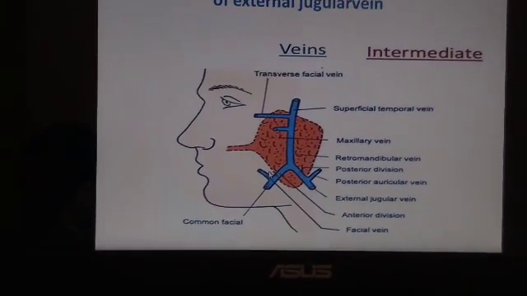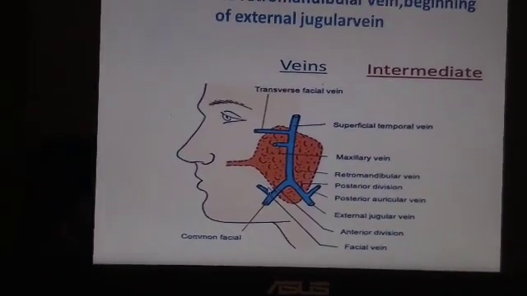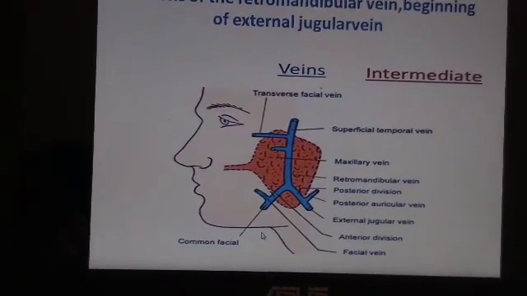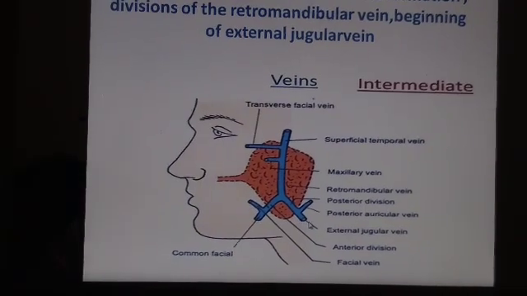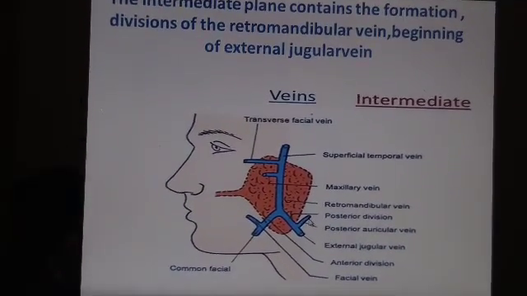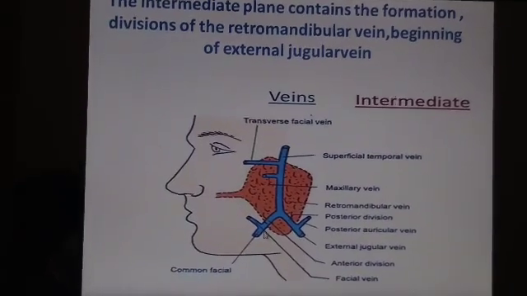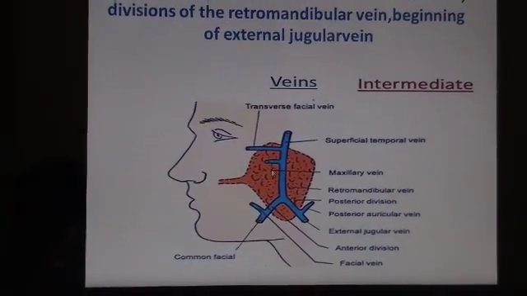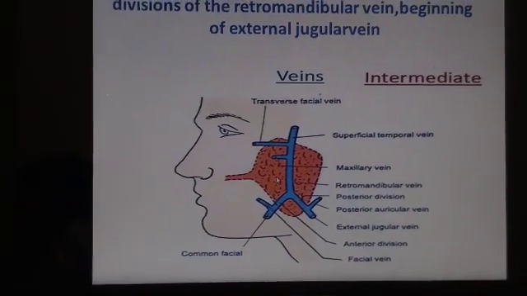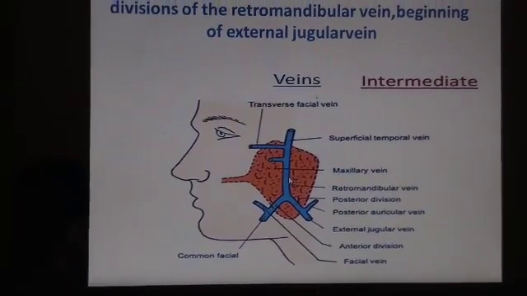The anterior division goes to join with the common facial vein, and it gives rise to the facial vein. And the posterior division will join again with the posterior auricular vein to form the external jugular vein. So these are the veins which are formed inside the parotid gland, and they are lying in the intermediate plane.